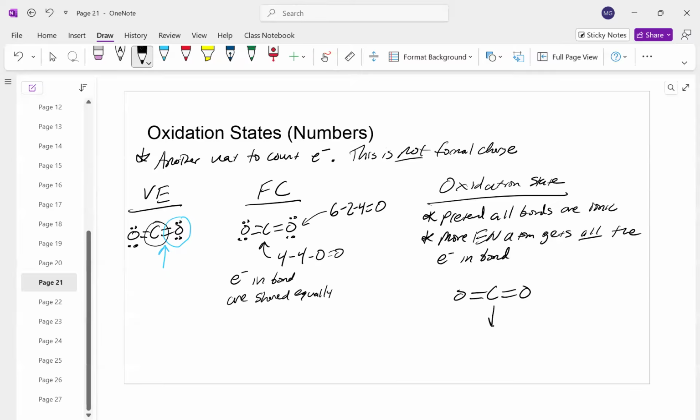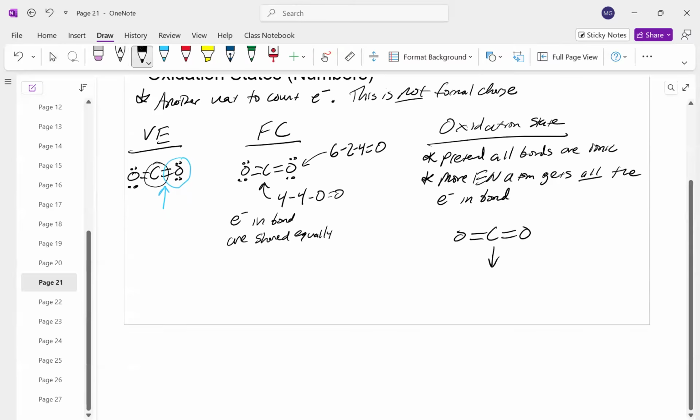What I'm going to do is split them up like this, and the oxygen here on the right is going to get all the electrons in the bond. And this oxygen gets all of the electrons on that side. And carbon is left with none.